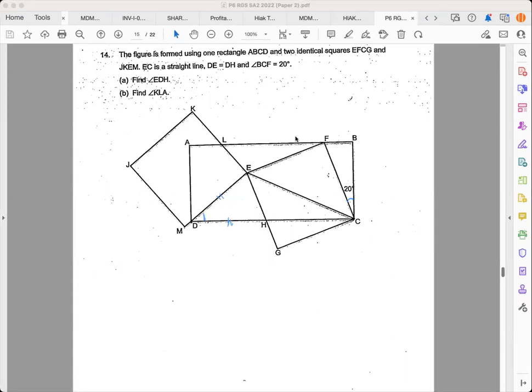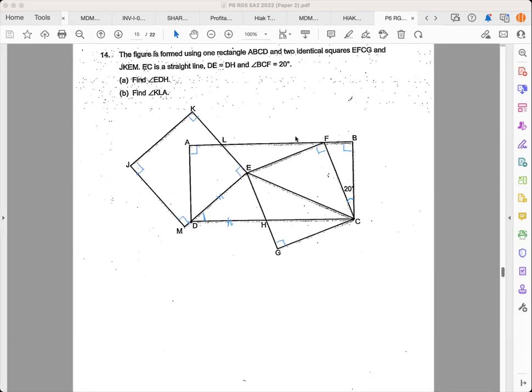First, let's fill out as much information as we know based on the diagram. So this is a rectangle. The corners of a rectangle are 90 degrees. This is a square. EFCG is a square. So this is also a square. Let's mark the right angles. So these are also right angles.